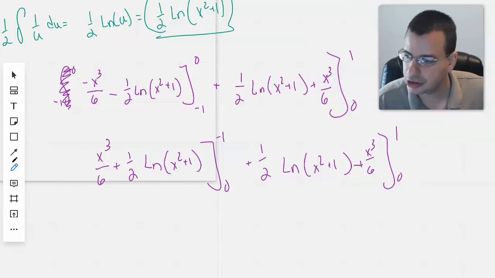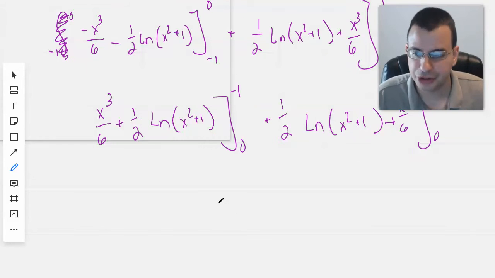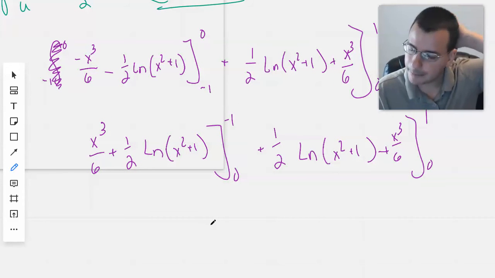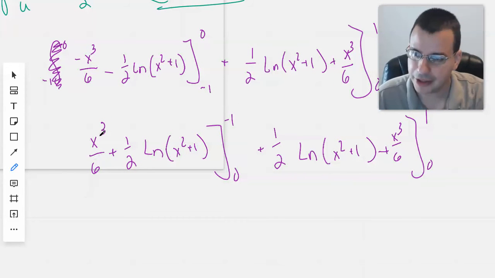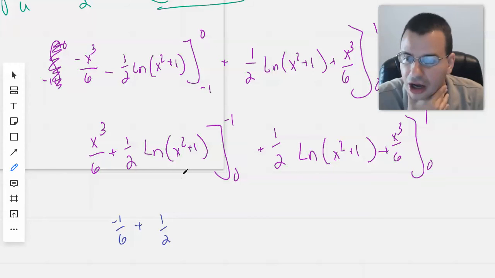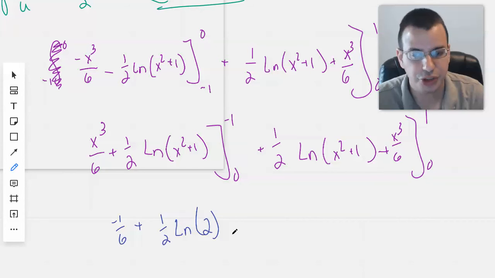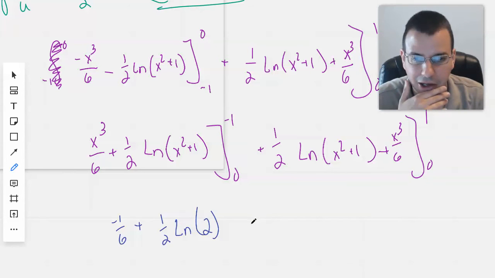Now we can bring this home. This is definitely a longer problem than you'll see on a multiple choice section of an AP exam. So we have negative 1/6 plus 1/2 natural log of 1 plus 1, which will be 2, because negative 1 squared will be positive 1.